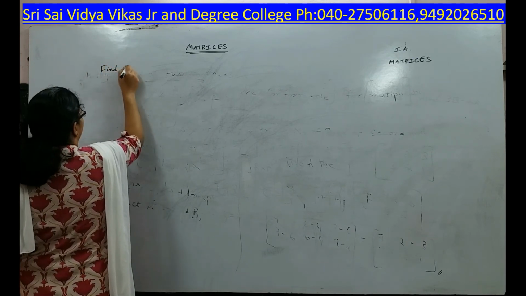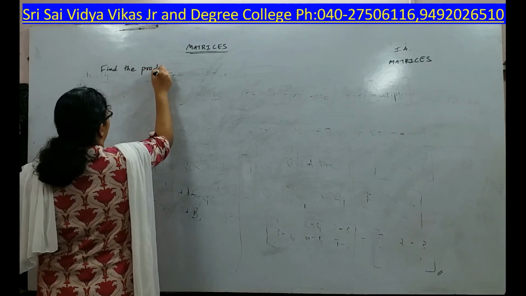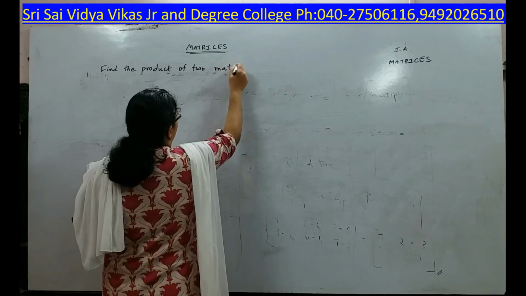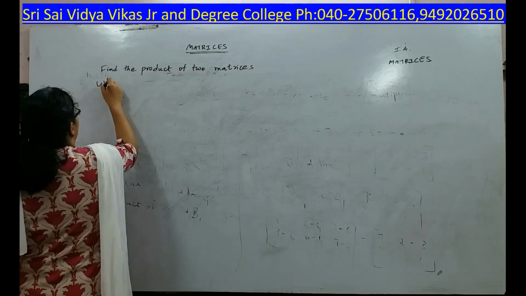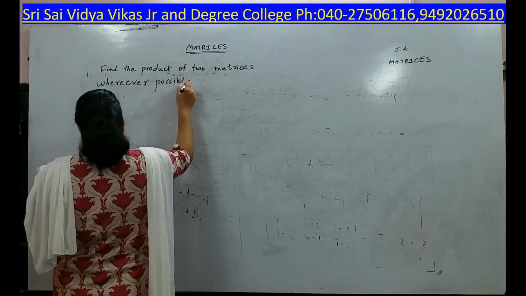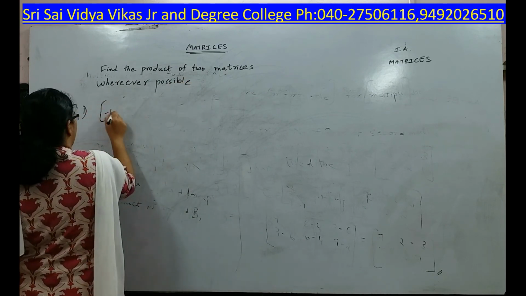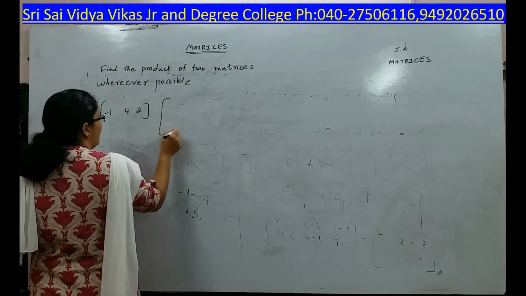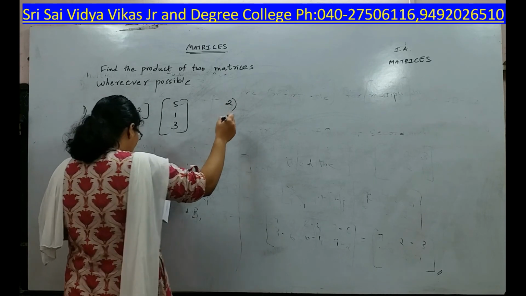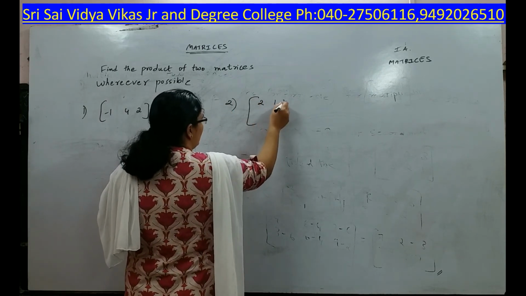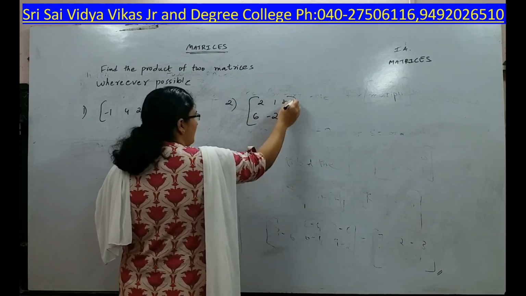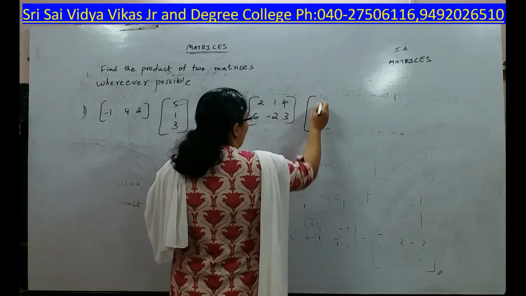Find the product of two matrices wherever possible. First one, minus 1, 4, 2; 5, 1, 3. Second one, 2, 1, 4; 6, minus 2, 3; 1, 2, 1.